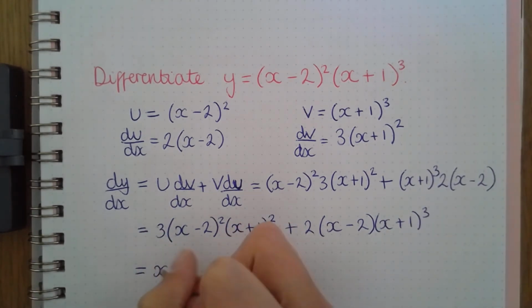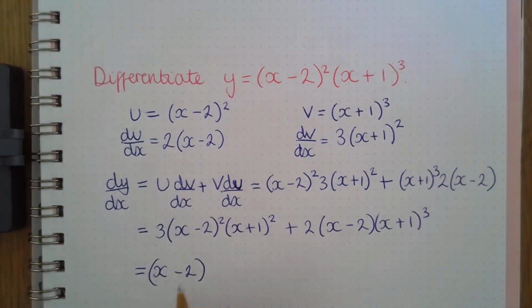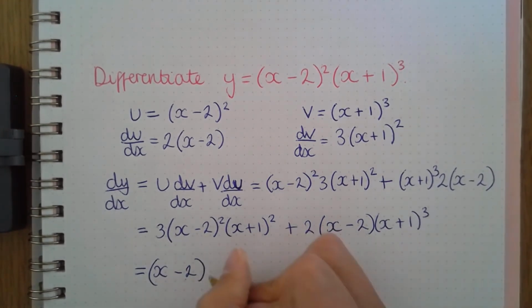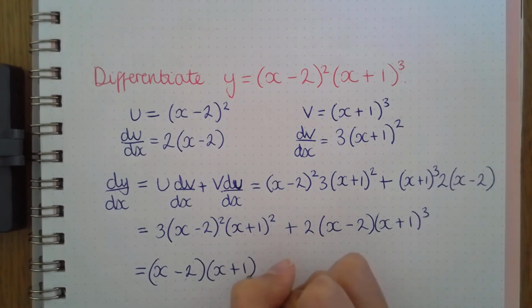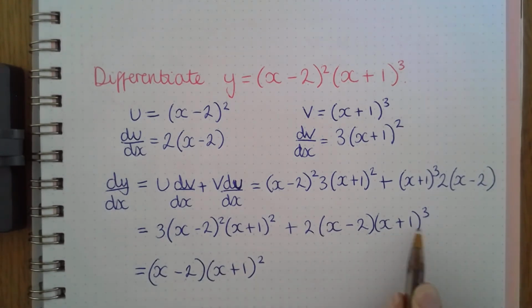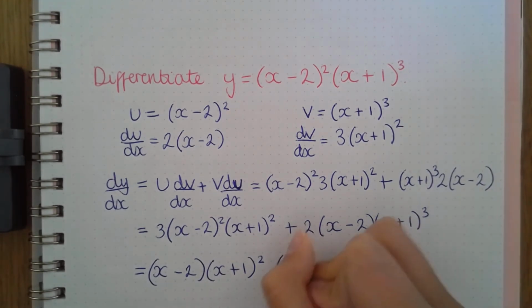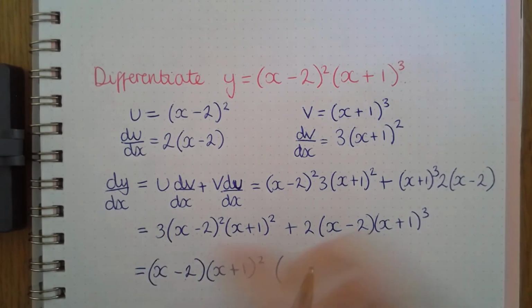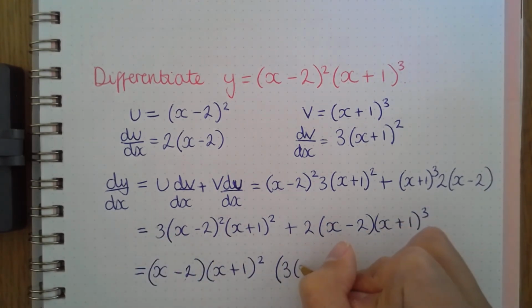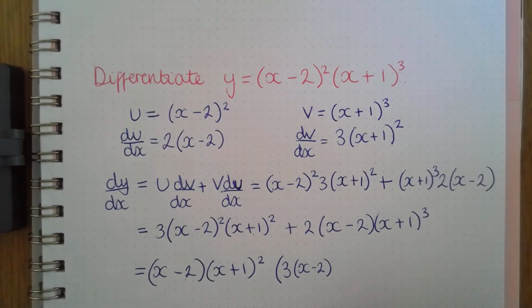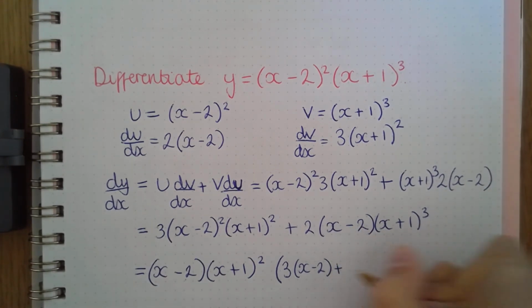So x take 2, because x take 2 is in both this term and this term, and then (x plus 1) squared is in this term and this term, and I'm left with, in this term, 3 lots of (x take 2), and in this term I'm left with 2 lots of (x plus 1).